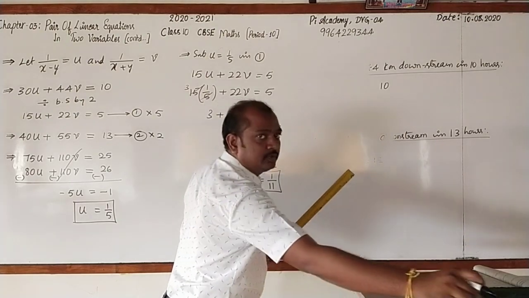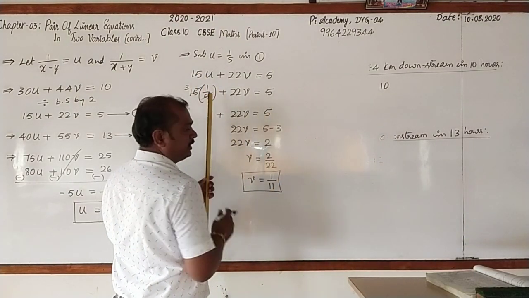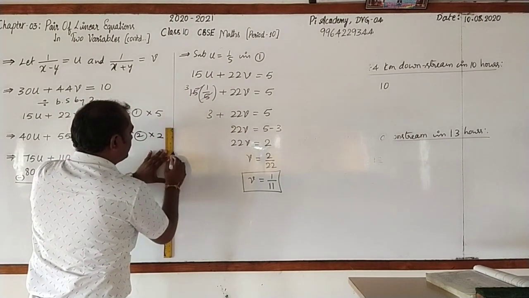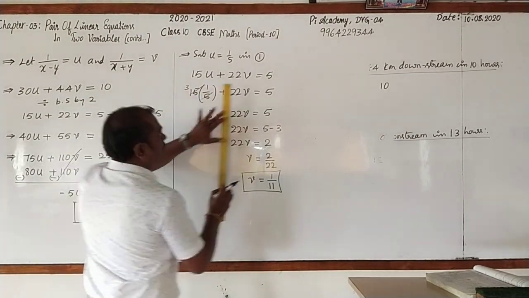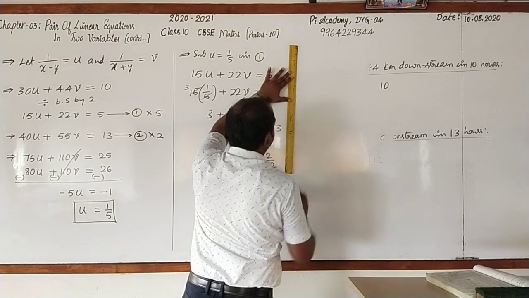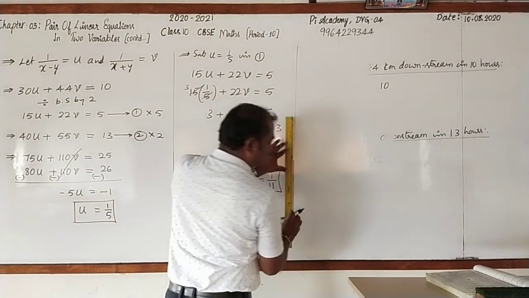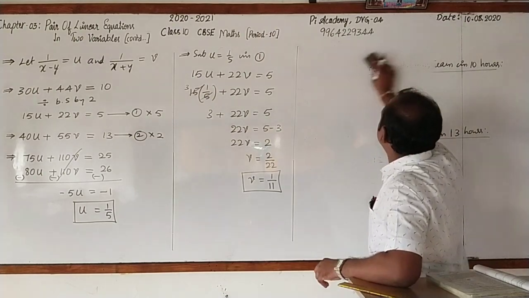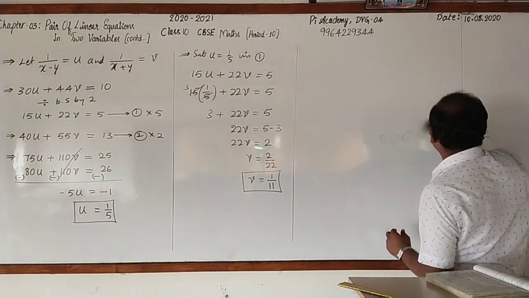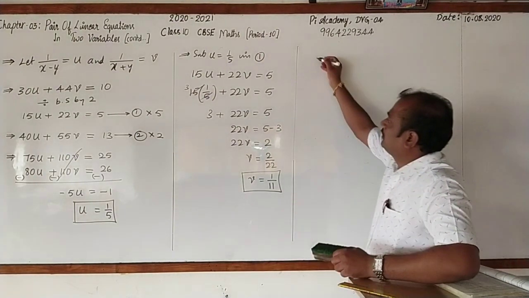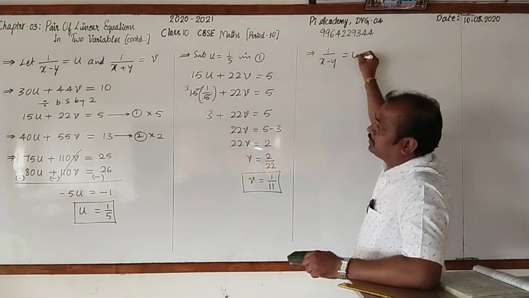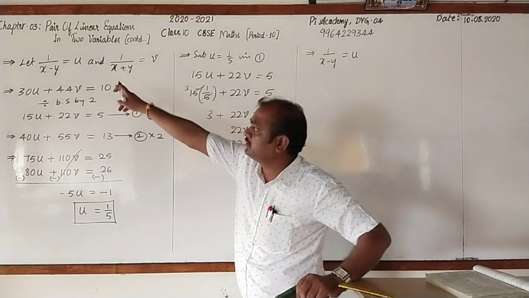But we are going to find out the values of X and Y. Let us go for taking substitution for both U and V. In the assumption, we have written 1 by X minus Y as U. I'll write the same here: 1 by X minus Y is equal to U. Right?